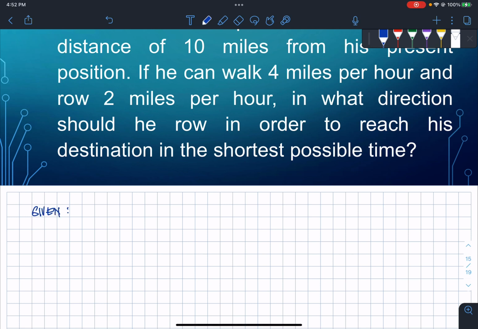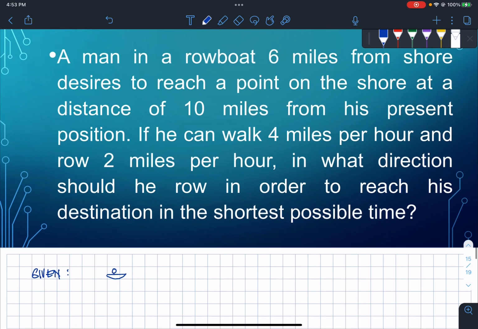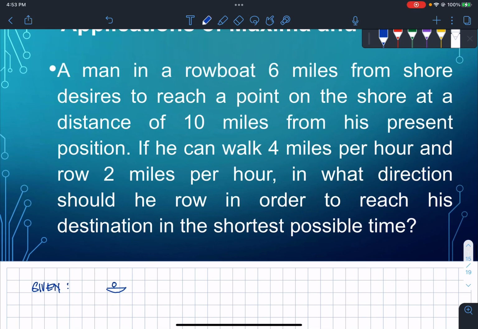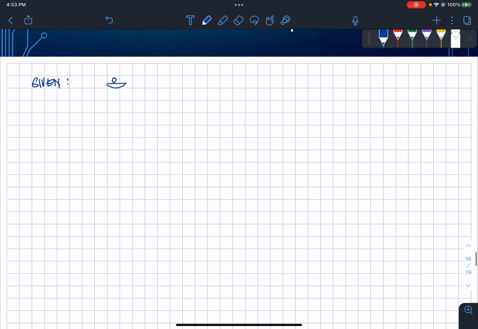Okay, so there's a man in a boat, and it says that the man is 6 miles from the shore.